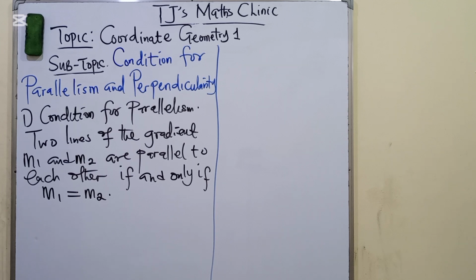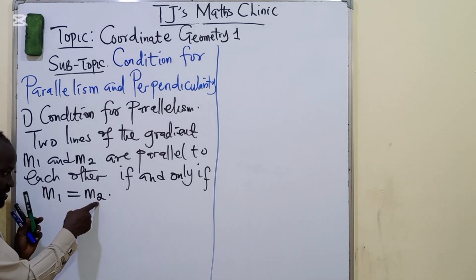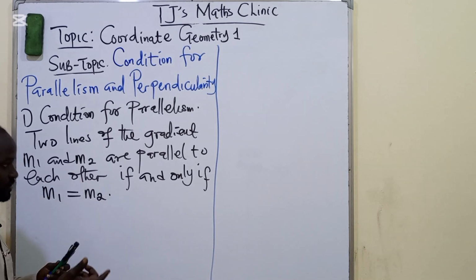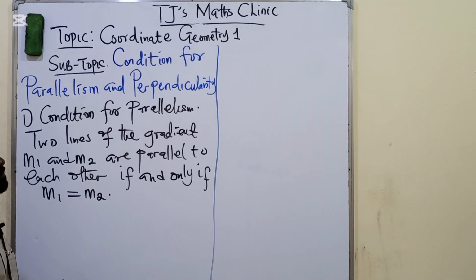Two lines of the gradient m1 and m2 are parallel to each other if and only if the slope of the first line is the same as that of the second line. Very important.